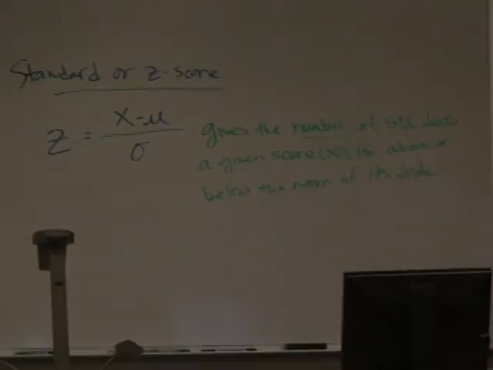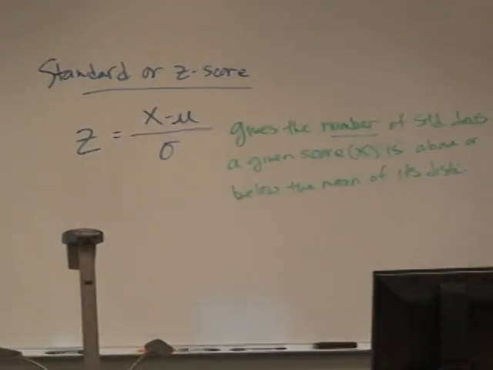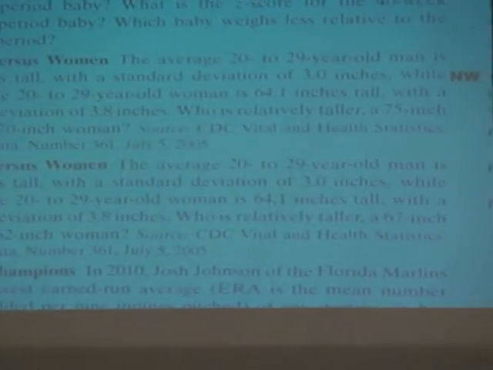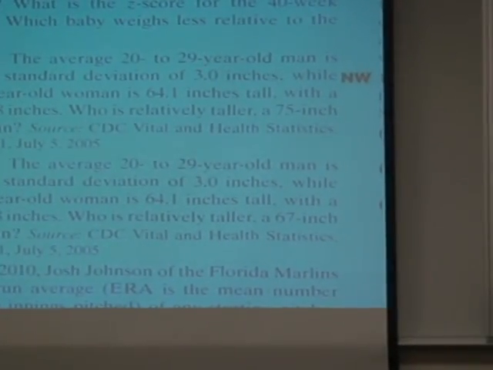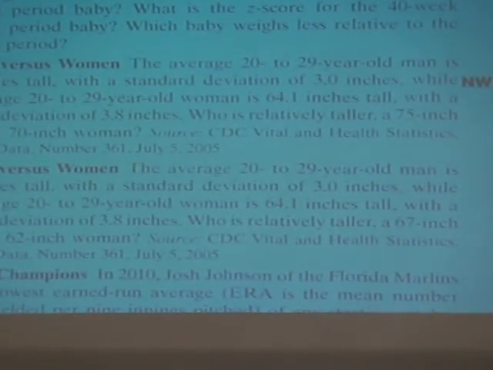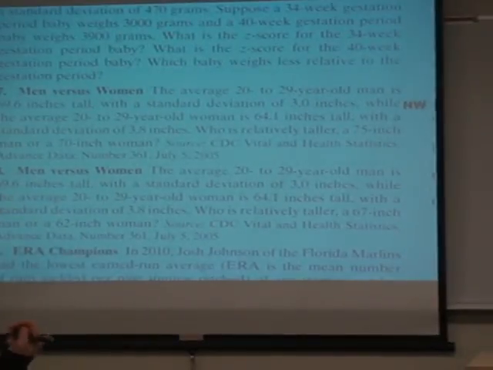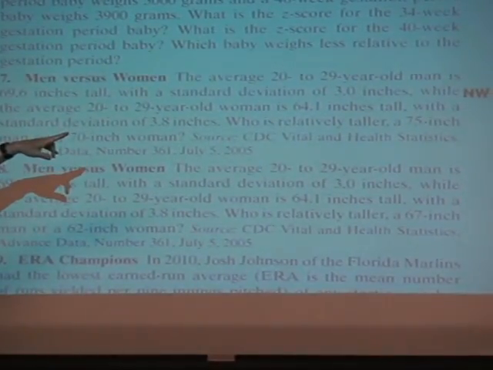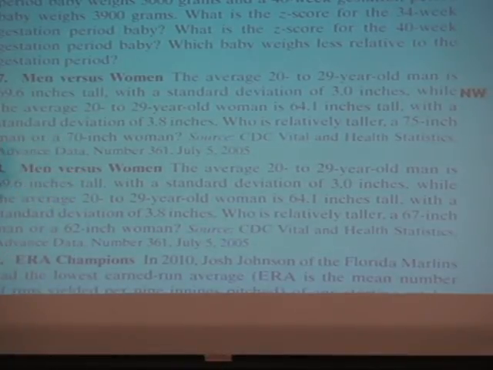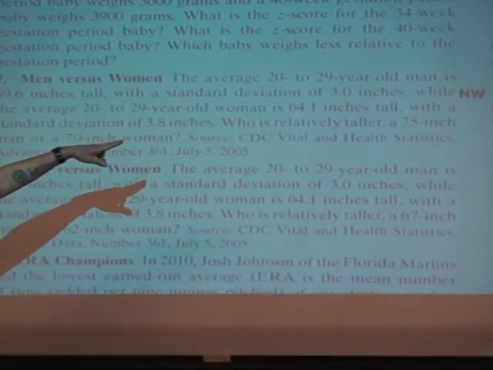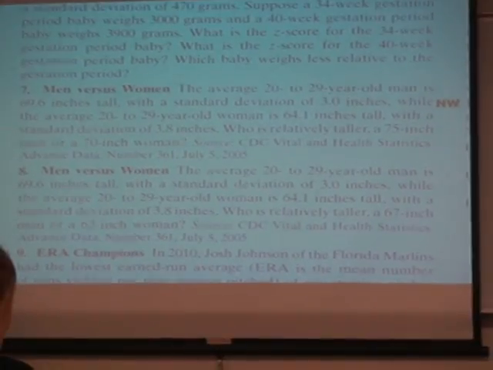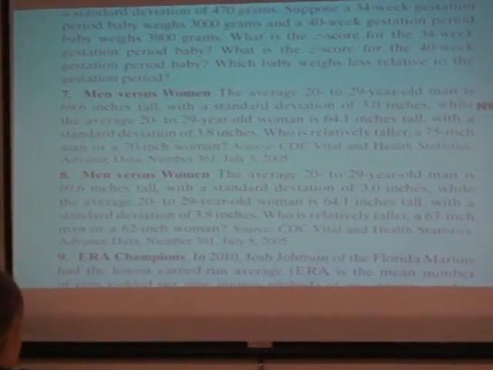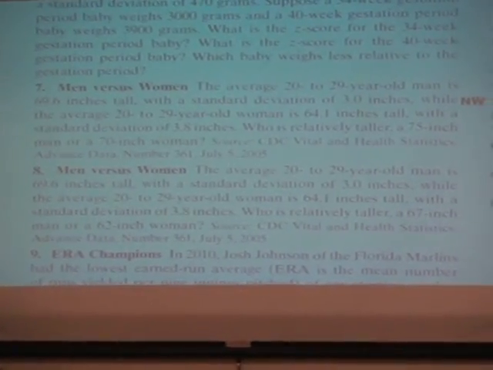So how would you compare the height of a woman with respect to the height of all women, and that of a man with respect to all other men? The average 20 to 29-year-old man is 69.6 inches tall, and men's heights have a standard deviation of 3 inches, while the average 20 to 29-year-old woman is 64.1 inches tall, with a standard deviation of 3.8 inches. So who's relatively taller, a 75-inch man or a 70-inch woman?